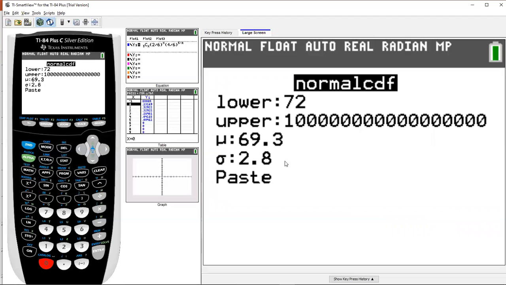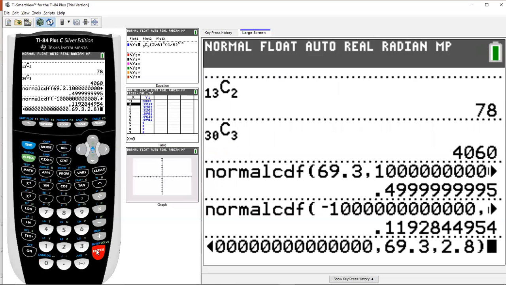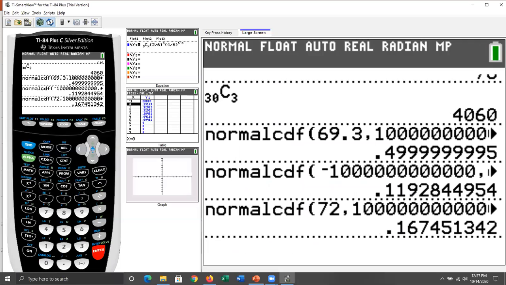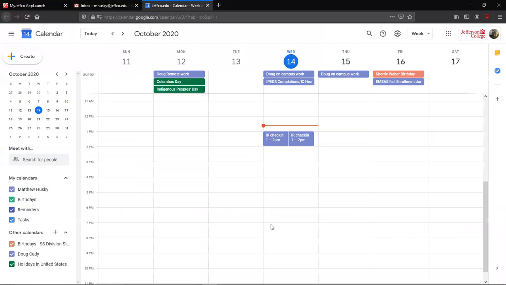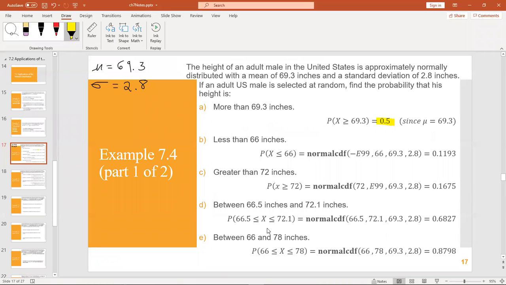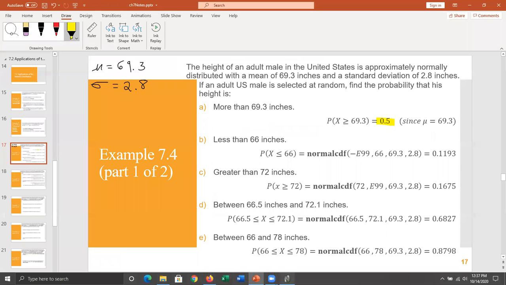Again, we've got the same mean, the same standard deviation. That stuff hasn't changed. So I'm going to go ahead and work that out. That's 0.1675.